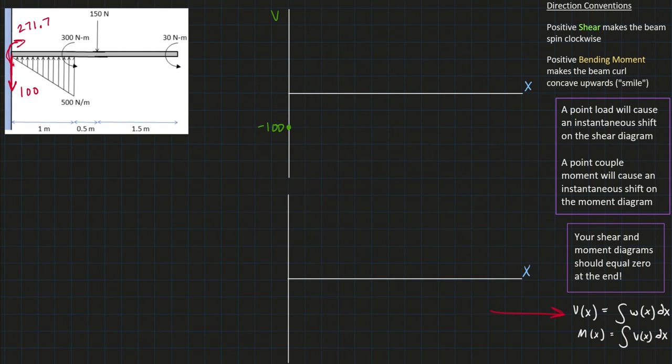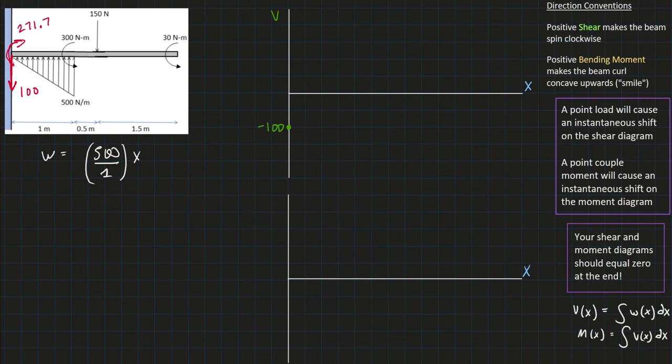Alright, so now I can apply my process. I'm going to do the indefinite integral of my distributed loading. Well, that equation is going to be 500 over 1 times x.